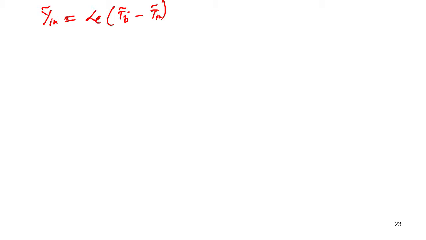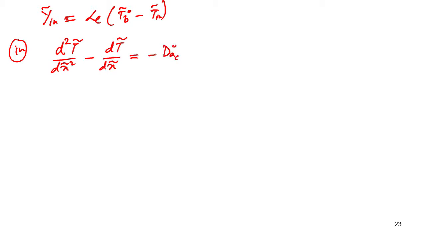So now we can substitute this inside our energy equation in the inner zone. So integrating in the inner region, everything is only within the inner region, so that must be kept in mind. So this was the equation.